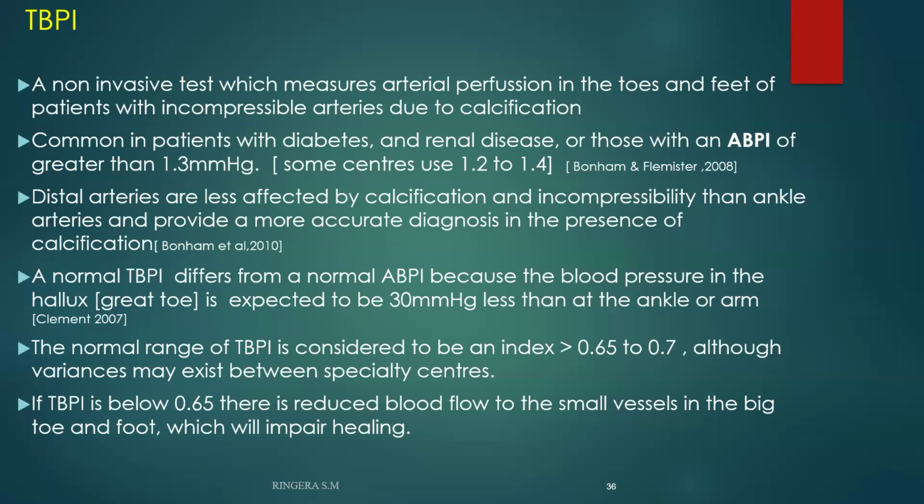The normal range of TBPI is considered to be an index of above 0.65 to 0.7, although variances may exist between different specialty centers. If the toe brachial pressure index is below 0.65, then there's reduced blood flow to the small vessels in the big toe, and saving that patient's foot may not be possible.